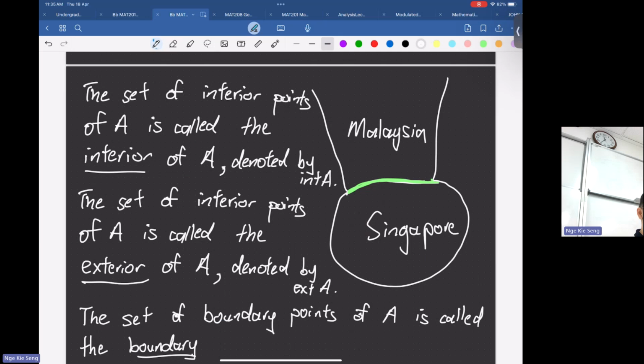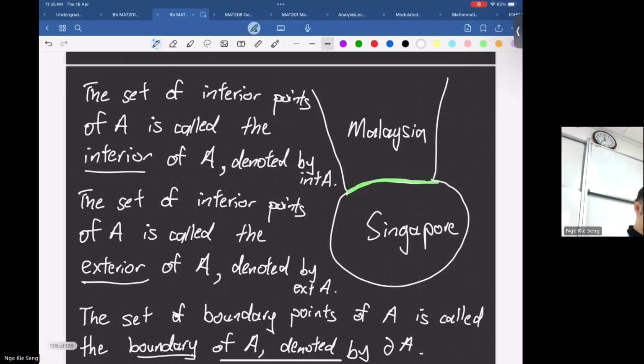So how do we denote this? We will write it as partial A, the boundary of A.